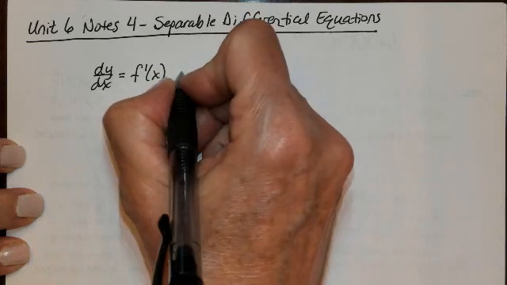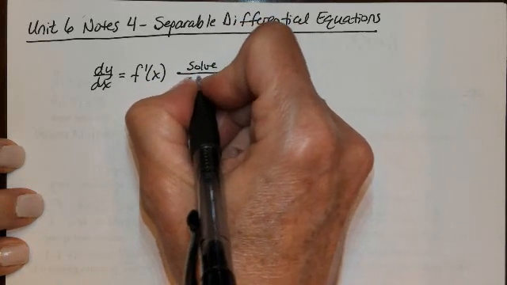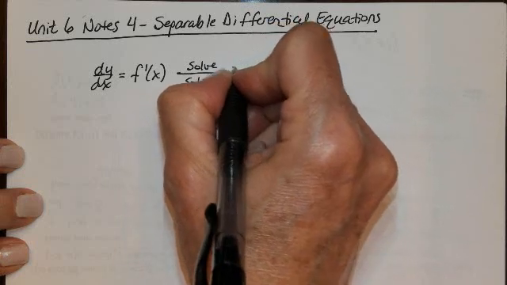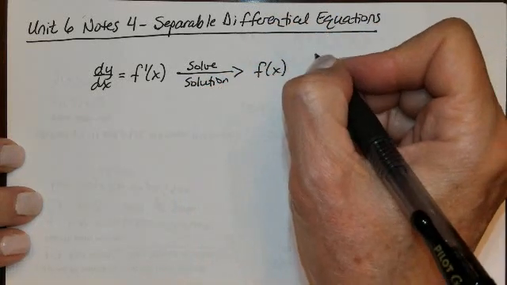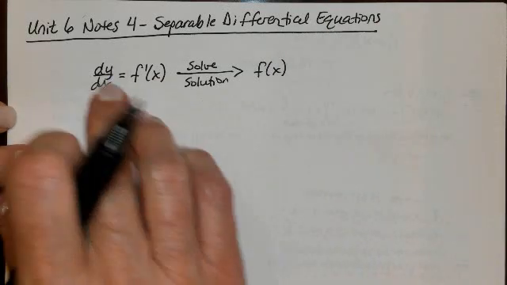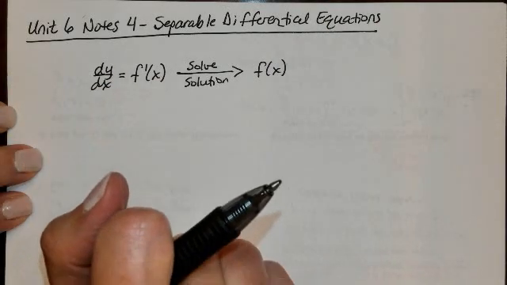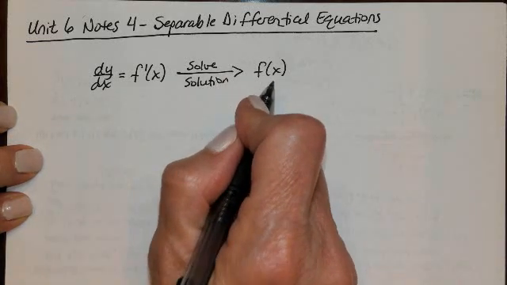When you're asked to solve or find the solution, you are finding the function. You're finding the function that meets this criteria, for which this is true. So solving a differential equation means finding the function.